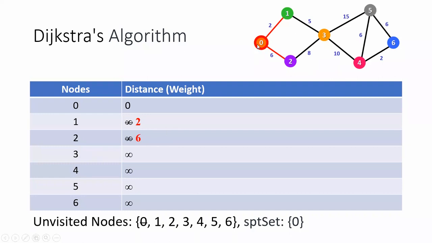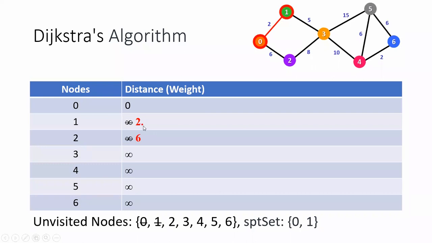So we take the route 0 to 1. We put the 1 into the set, which means that 1 has already been traveled and we know that it is the shortest path. When we come to 1, we have to take note and update the adjacent nodes.